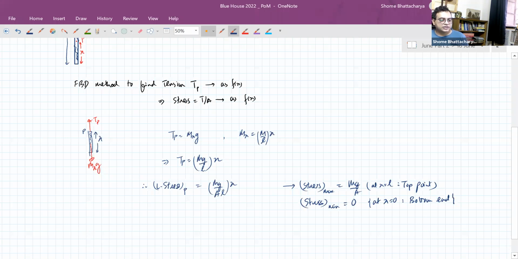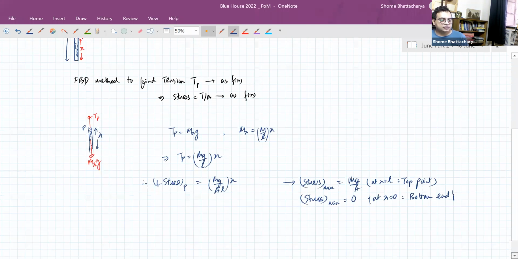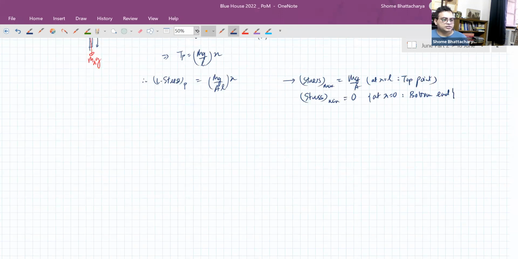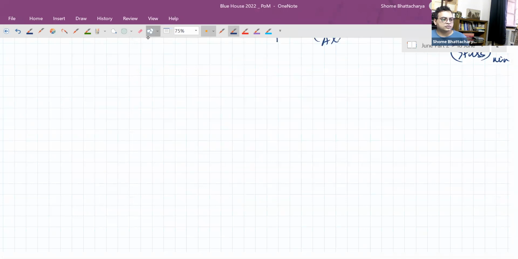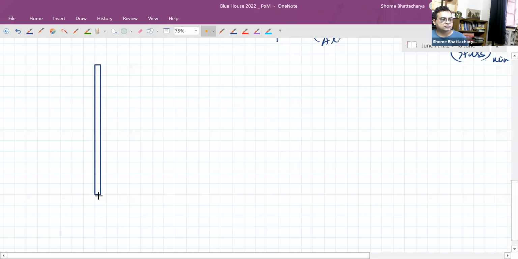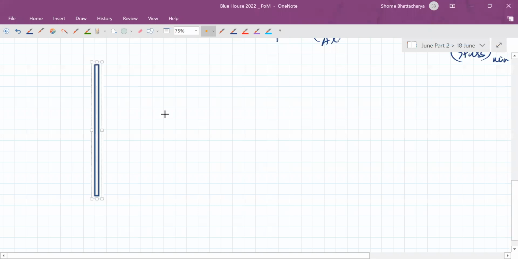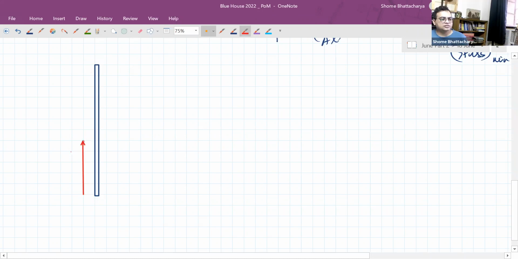So now next thing that we do here is we apply integration. So what we'll do is we'll take a differential element. Linear mass density we don't need. We just need to apply Young's modulus, Hooke's law to that.